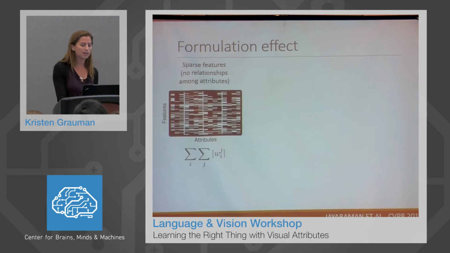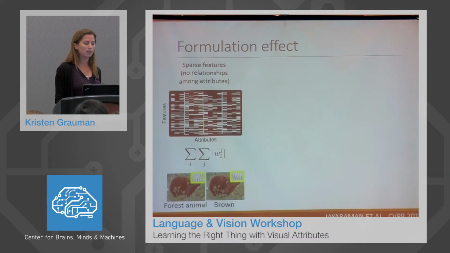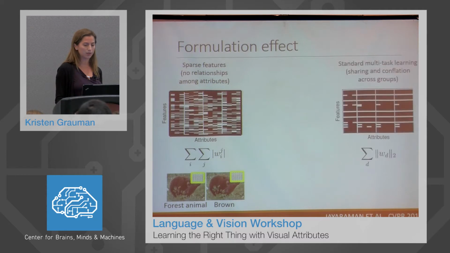Okay, and the effect it has, to contrast it with other kinds of regularization you might do, well, if you were to do a sparsity regularizer on the classifiers you're learning, you get a weight matrix that looks like this. This is just the W now in black and white form. White means it's on, black means it's off. And so you see there's some sparse features selected, but there's no joint training between the attributes, and the problem we saw at the beginning is going to persist.